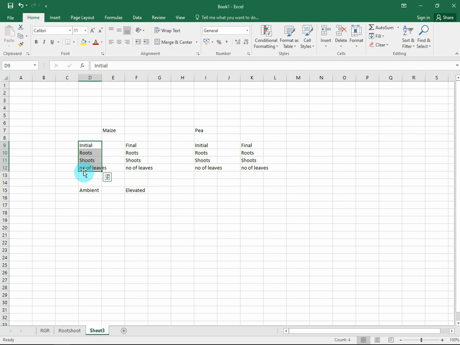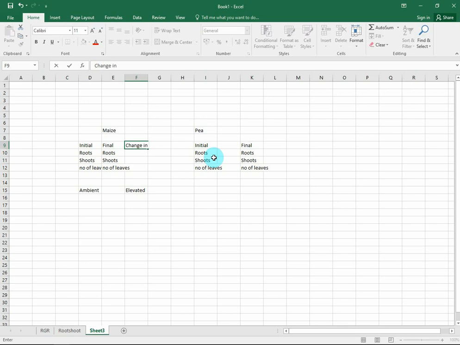The most appropriate thing that you can do, the reason why you took an initial and a final value, is so that you can get a change in the parameter, whether you opt to do percentage change, which you should recognize from the potato prac, or if you just want to do change in roots between final and initial, change in shoots, that's fine.